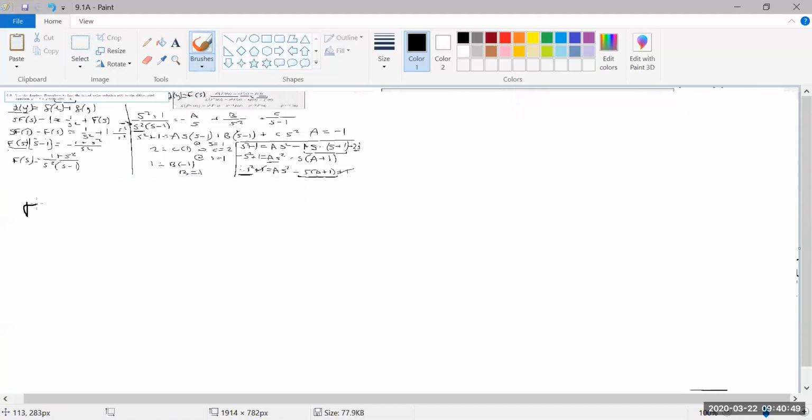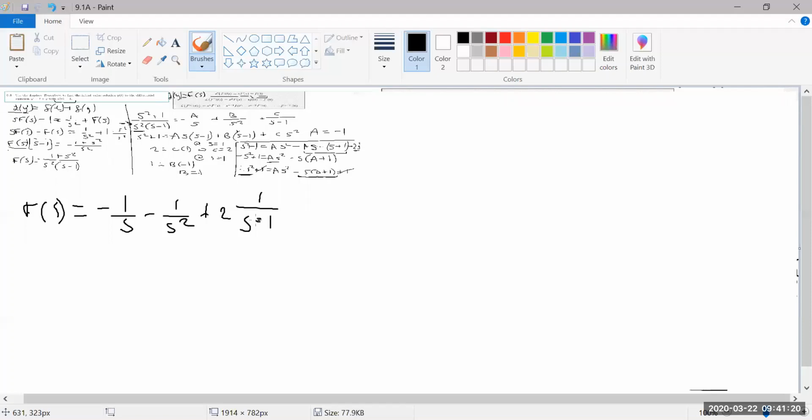So we have f of s equals our a. So our a was -1, so we have -1 over s, and then minus our b was also -1. So we have 1 over s squared, and then c was our only positive term, so we have plus 2 times 1 over s minus 1.